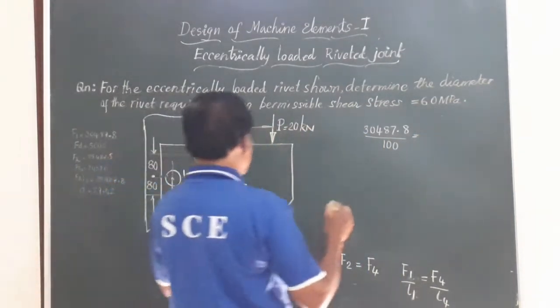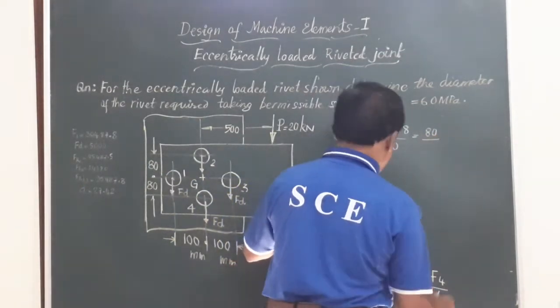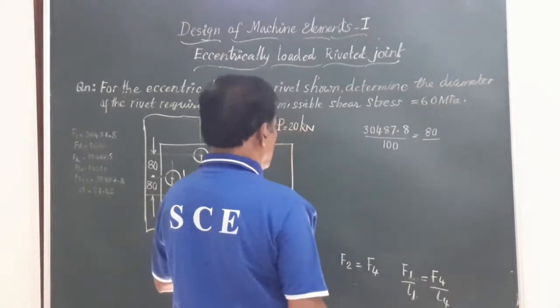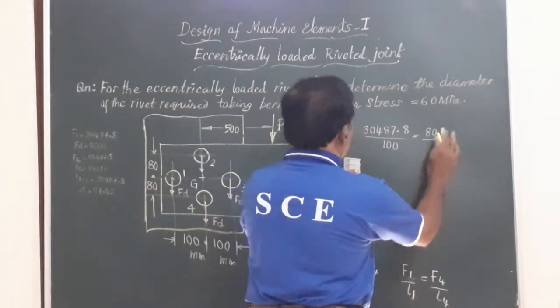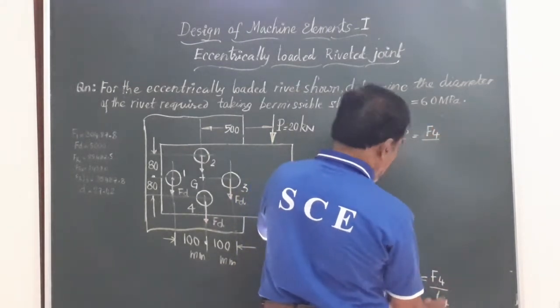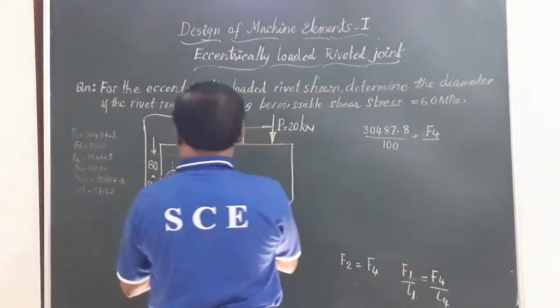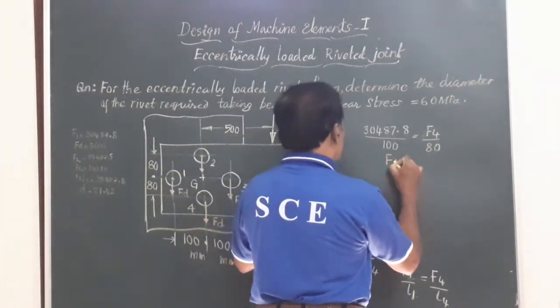F4 is F1 by L1 multiplied by L4, which is 80 mm. So friends, you will get this F4 value.